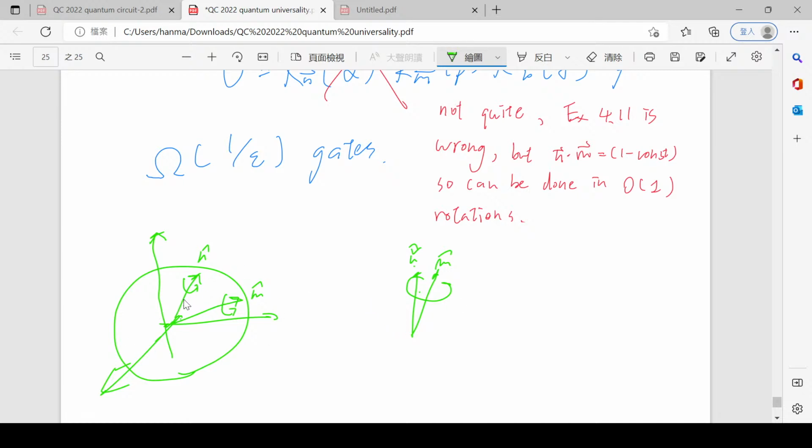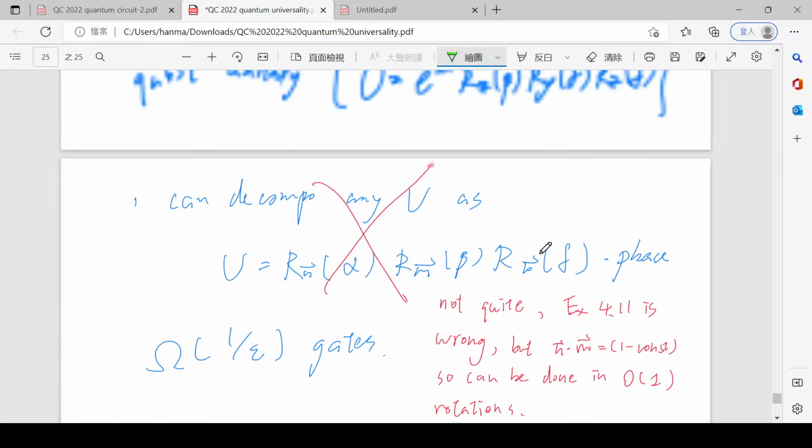And it actually depends on the angle here. Let's say the angle is gamma here. So the smaller the angle gamma, the longer the sequence you need.